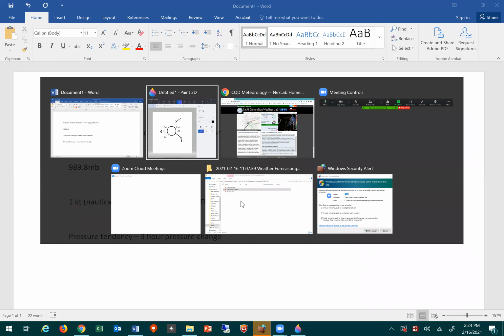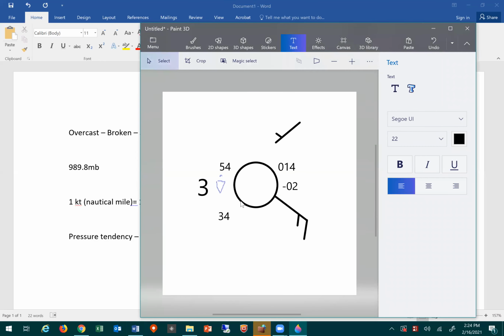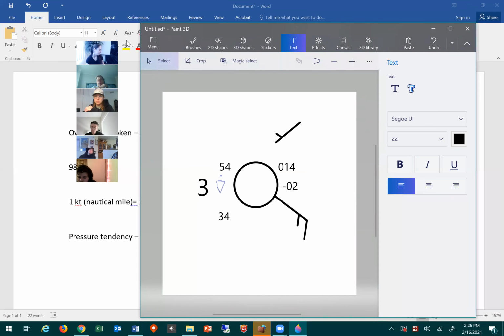So in the example we have here, what has the pressure done in the last 3 hours? It's gone down. The negative sign, if it went up, I would put a positive sign. So the positive or the negative sign will always be there.